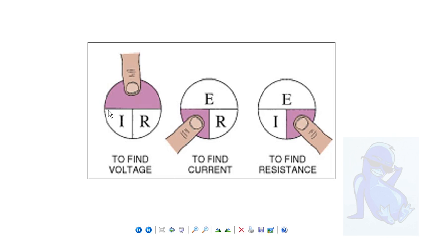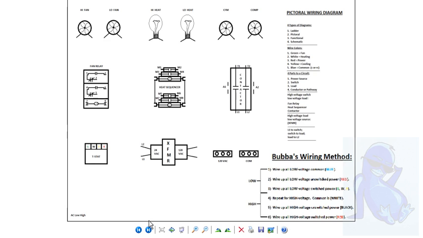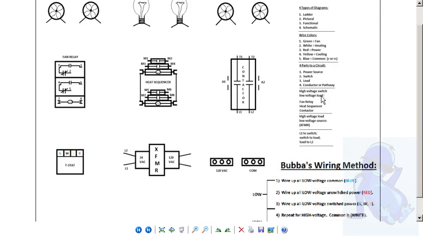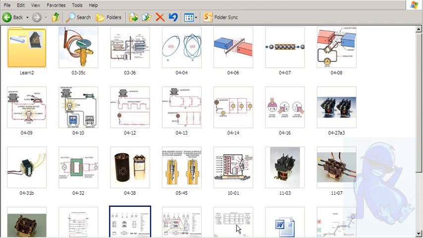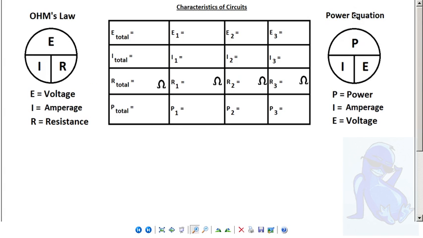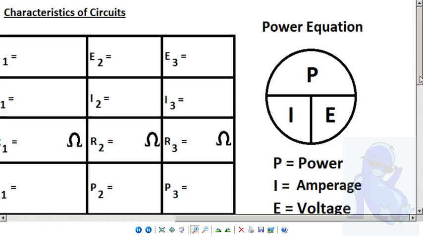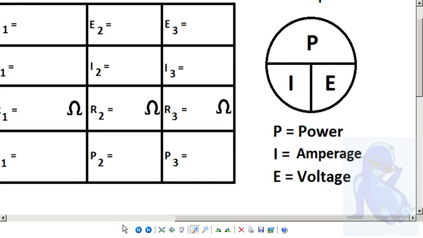And there's your basic formula for that. That same technique works for PIE, power, amps, and volts. Use the same thumb technique.